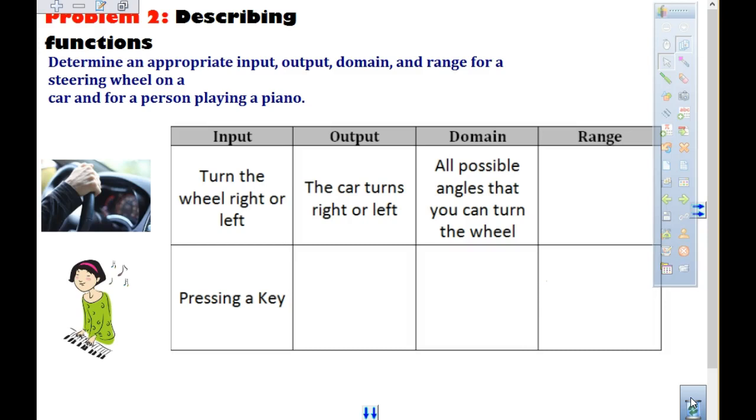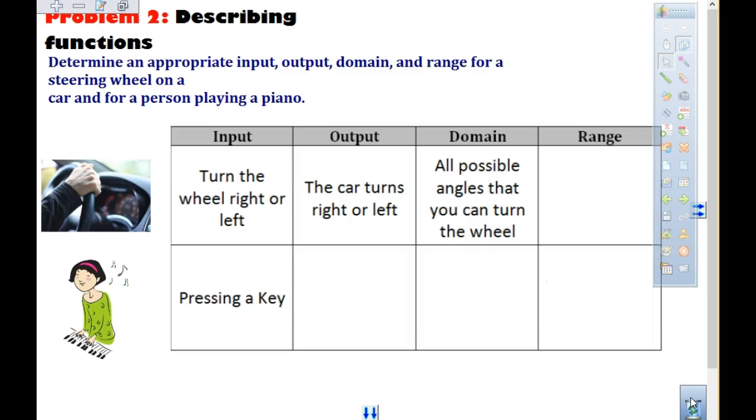I want you to take a look at the domain. It says, instead of just turning it, all possible angles. Meaning, if you turn the wheel 180 degrees, if you're going north and you turn it 180, you're going to go all the way around and be heading south. If you turn it 90 degrees to the right, you're going to take a right turn. It's going to be a 90-degree angle.